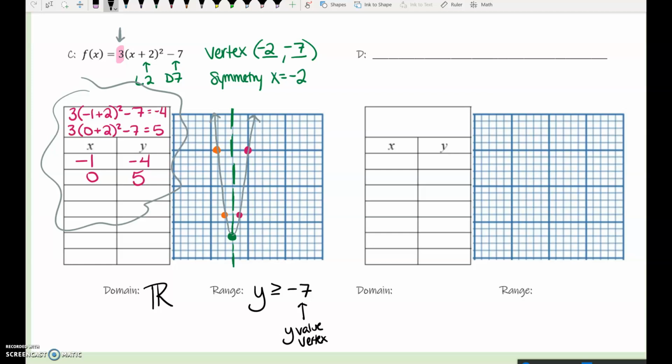Okay, there's one more that I want to try. I'm going to write it in on this blank. F of x equals -2 times the quantity x minus 3 squared plus 5. Okay, first of all, our vertex.